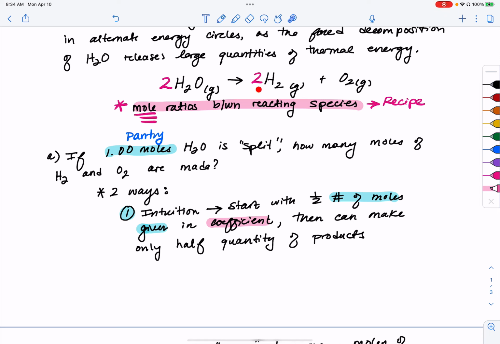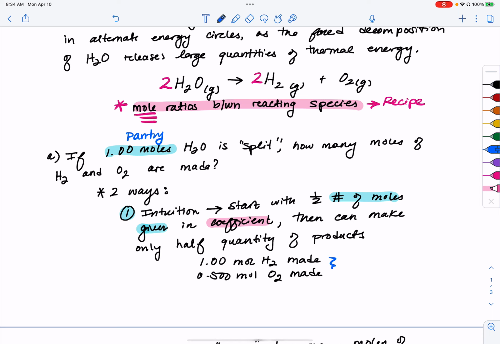So half of 2 moles would be 1.00 moles of H2 made, and then half of 1 mole would be 0.5 moles. And again, these are not molecules, it's moles, so it's okay that I have this fractional quantity.